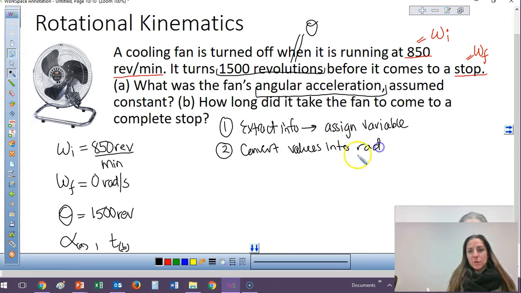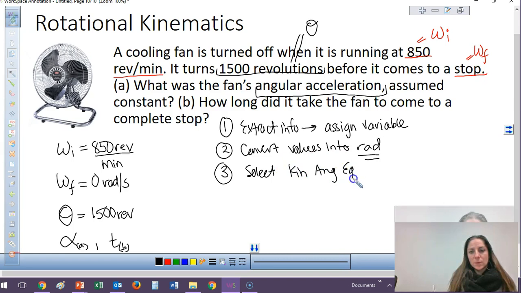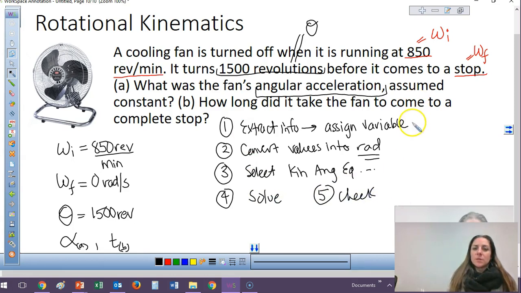You must have it always in radians, so we must do that. And then after we do that, we can select our equation from our kinematics. And then, of course, solve. And then step 5, check your answer. That's my problem-solving technique.